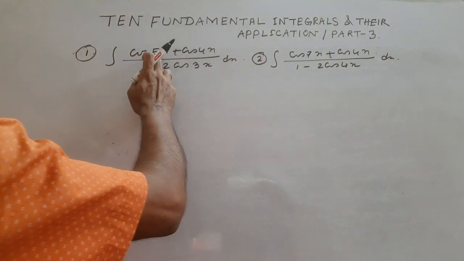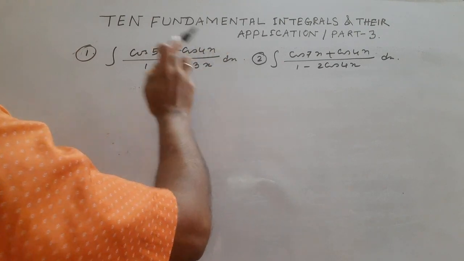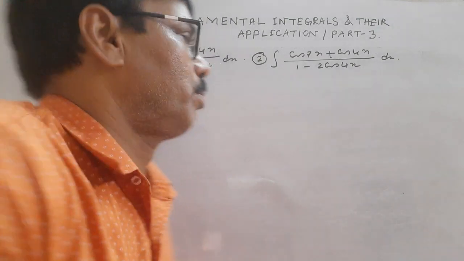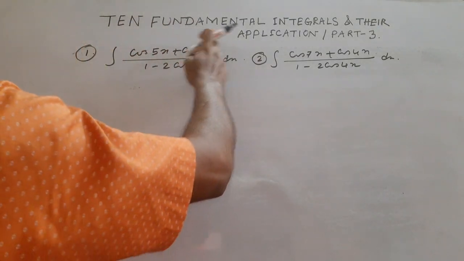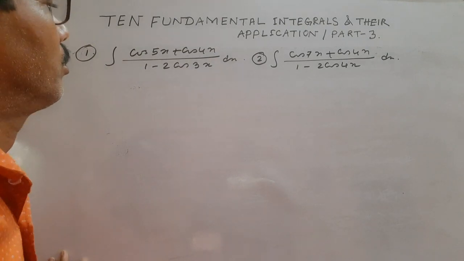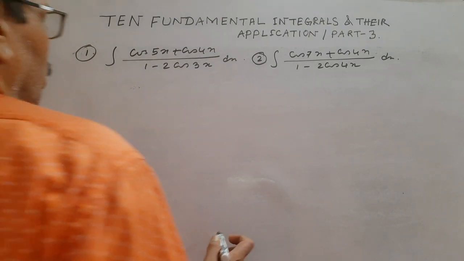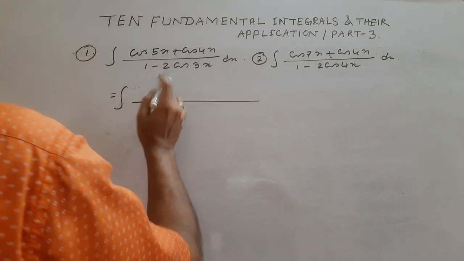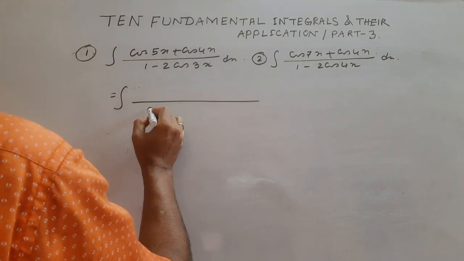Now cos 5x plus cos 4x over 1 minus 2 cos 3x. So if you use cos c plus cos d, the denominator does not cancel out. So look, here this is 2 cos 3x.